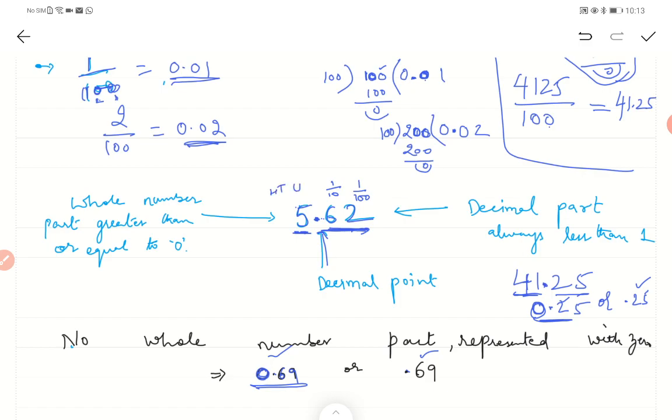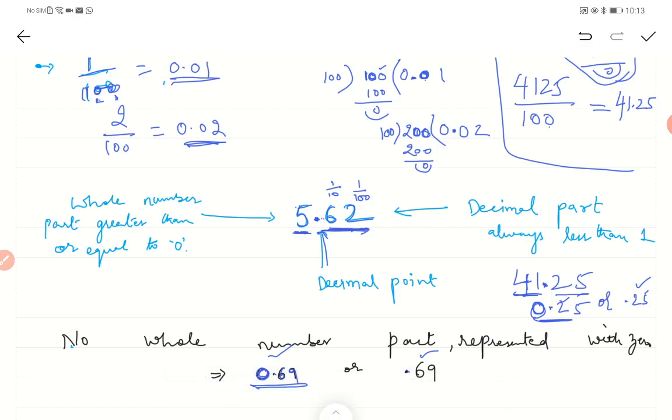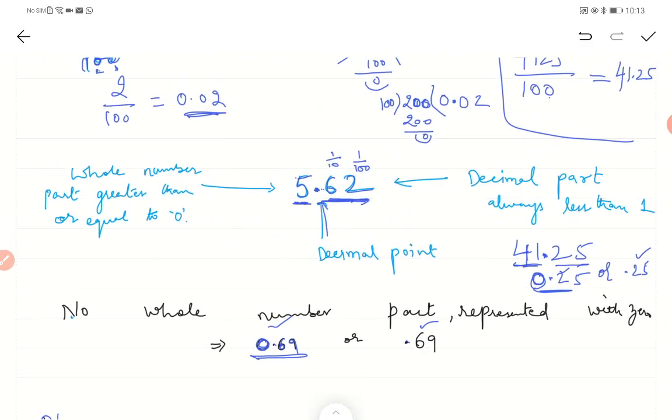When we come to the right side of the decimal point, it's going to be tenths, hundredths, thousandths place. If we do some examples on this, you will come to know how to expand a decimal number, and you will also get used to the place values of a decimal number.